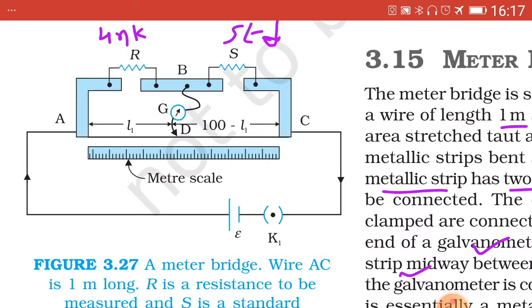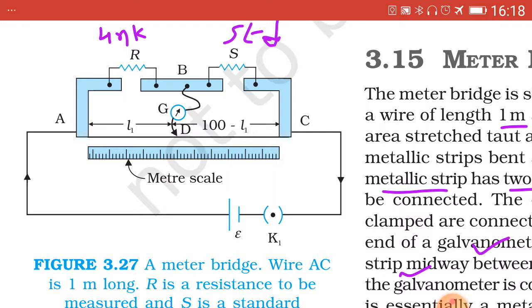Now between points A and C, at the end points of the two strips, a metallic wire generally made of constantan is tightly tied, whose length is always 1 meter, that is 100 centimeter, known as the Wheatstone bridge wire, beneath which a wooden meter scale is also fitted to know the null point length.